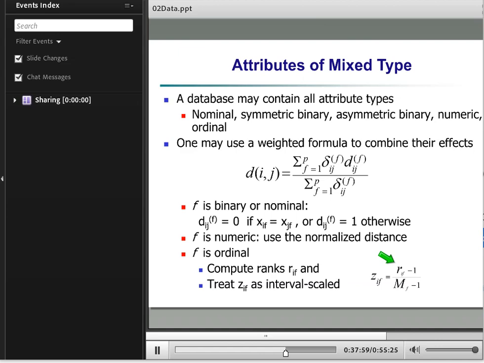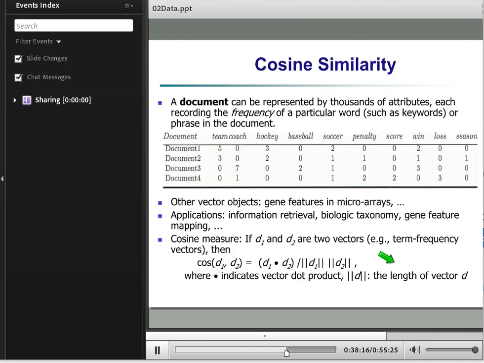Be careful. It's not a general case. Maybe in some cases you have to use normalization and weights together.